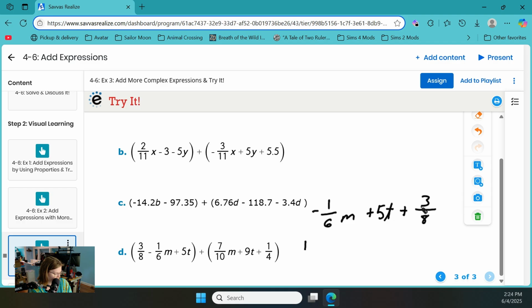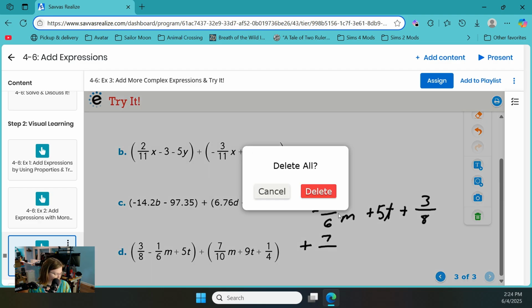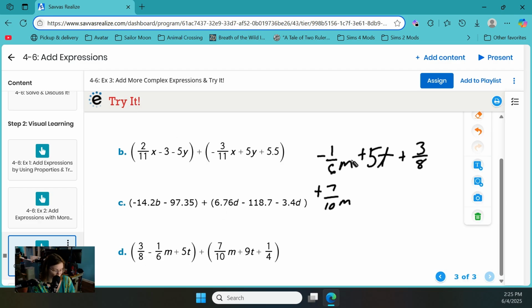So that would be positive 7/10. Oops. I wrote too low, so I'm going to delete everything and move it up a little bit. Okay, that should be enough room now, so let's keep going. We've got the plus 7/10 m plus 9t plus 1/4.